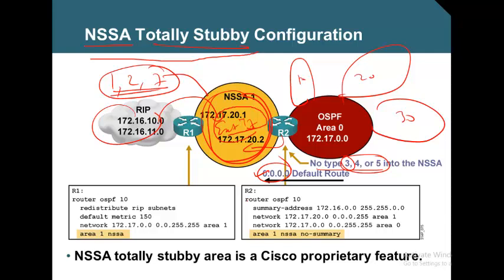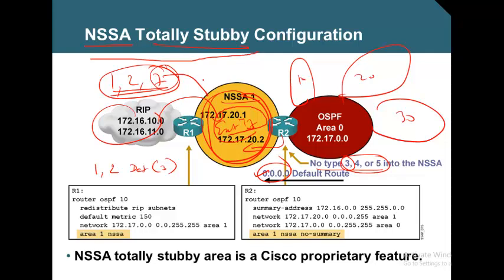So that's the difference. If it is totally stub area, it will have 1, 2, and a default route as, let's say, type 3. When you say not so stubby totally stub area, you will have 1, 2, and 7, and a default route.